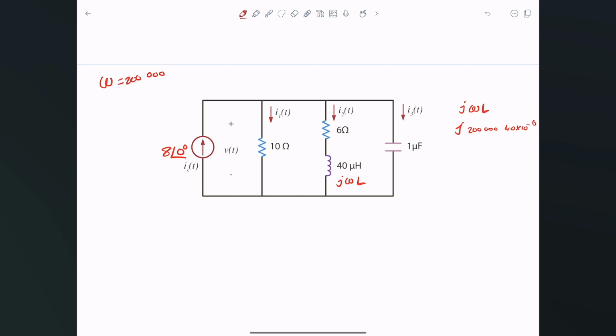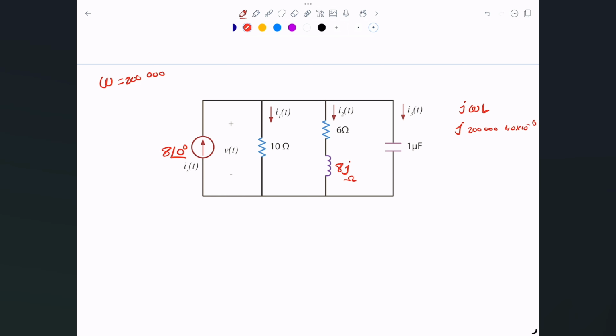That gave me exactly 8. So I can replace it with its value, which is simply 8j ohms, of course.